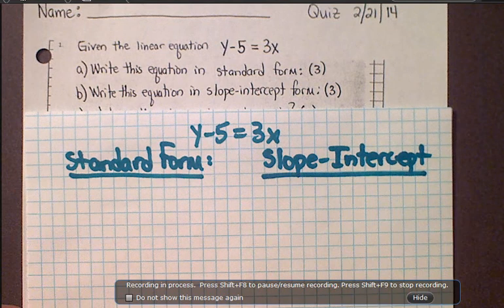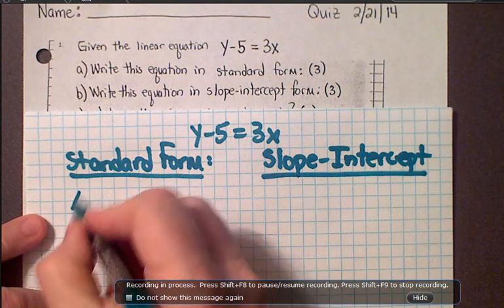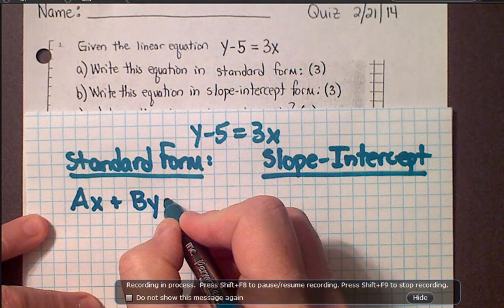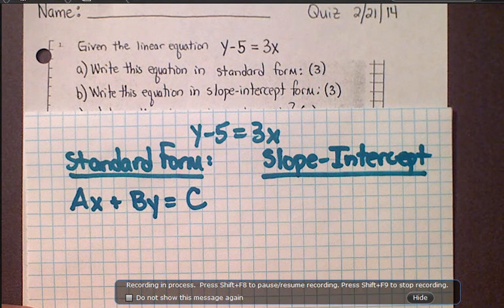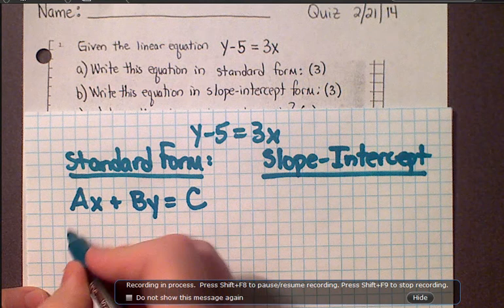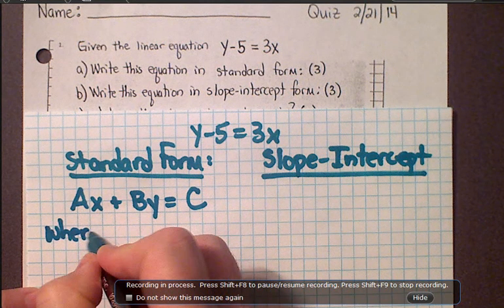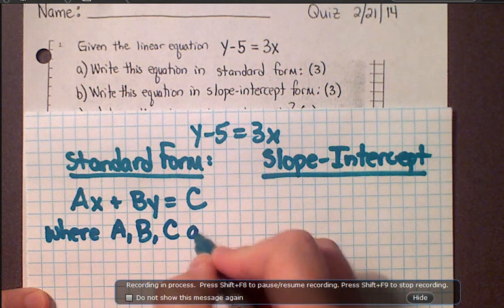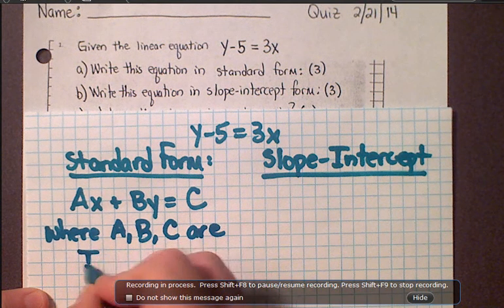Alright, standard form, we needed to try to get the equation of the line in this form with both x and y on the same side of the equal sign, where a, b, and c are integers.